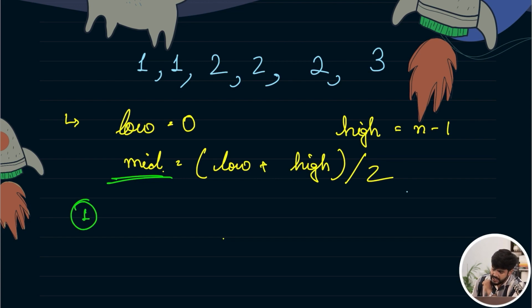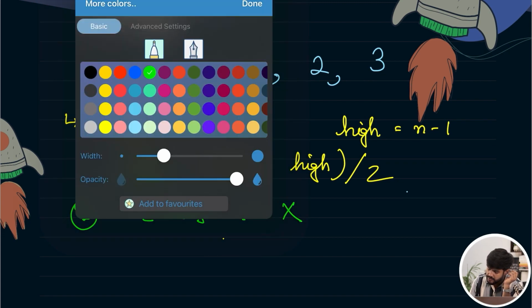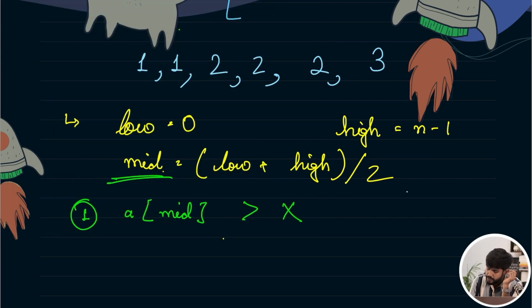It might be the scenario that A of mid is greater than x. What is x? x is the value for which we want to do the lower bound. So we are learning lower bound at this point.